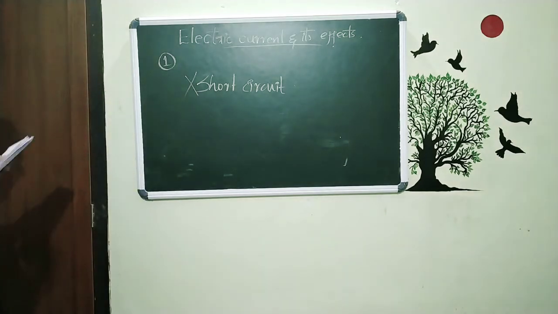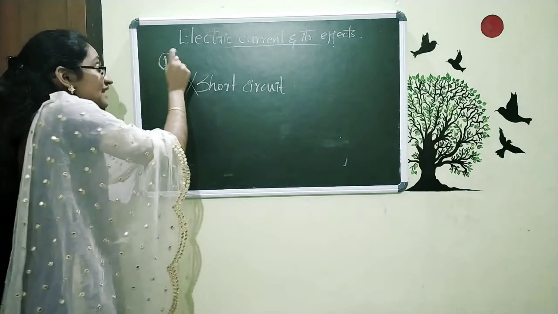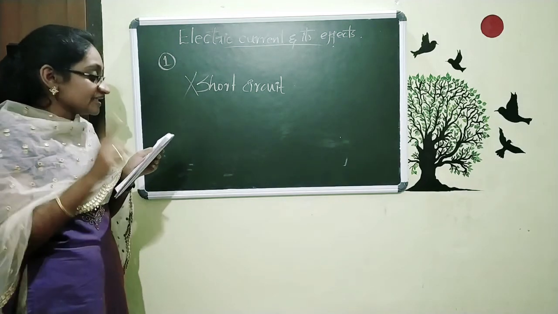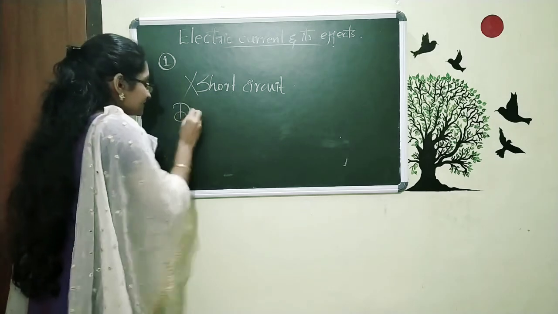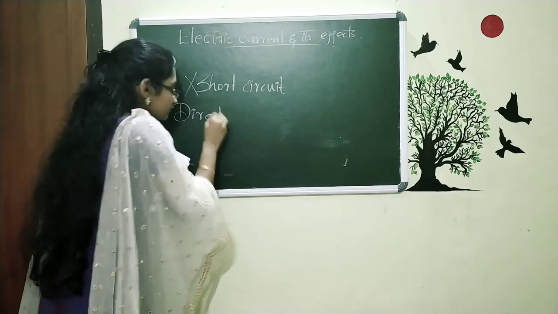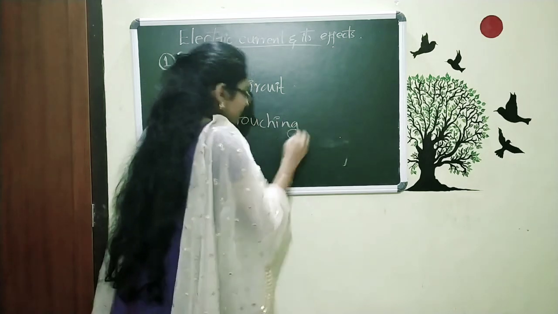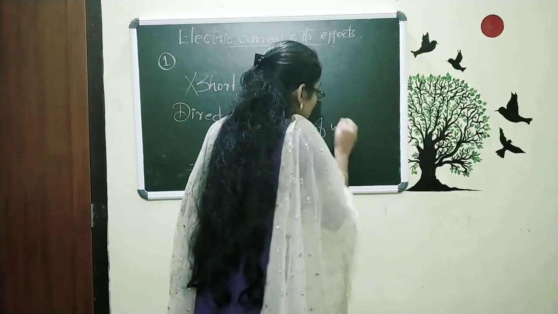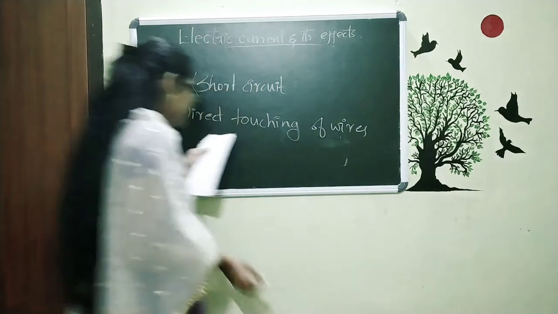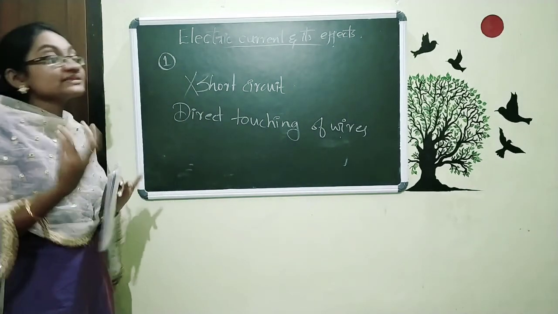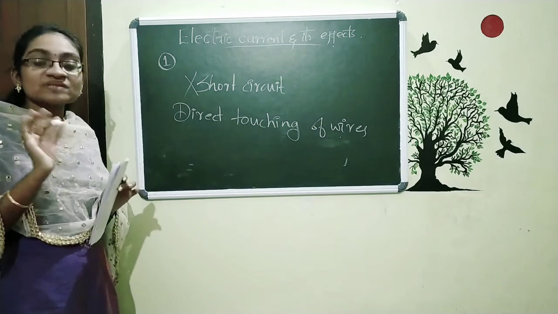So, the first thing by which the excess electric flow will occur is the direct touching of wires, and that happens through the wear and tear of the wires.